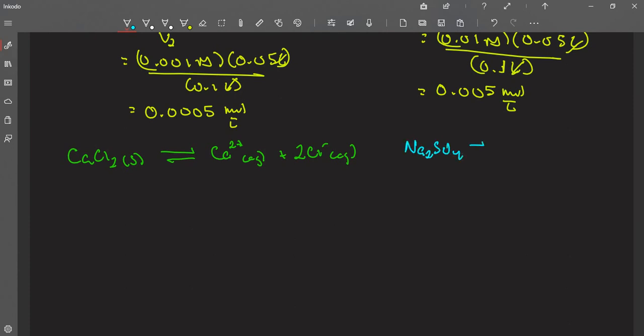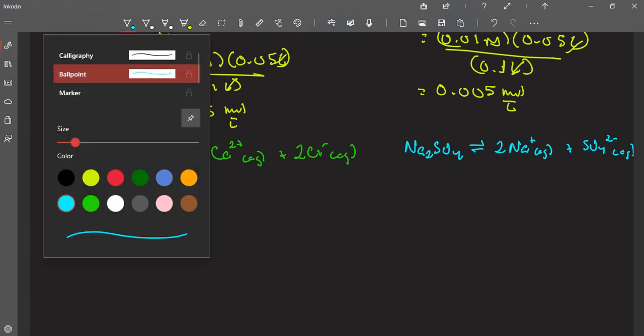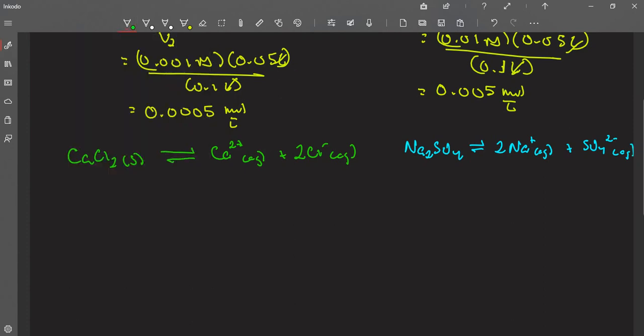I gave myself a little bit less room here. And then 1 sulfate. Okay. So what we figured out is we know the concentration of calcium chloride.